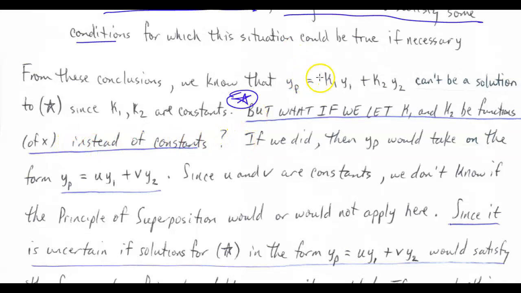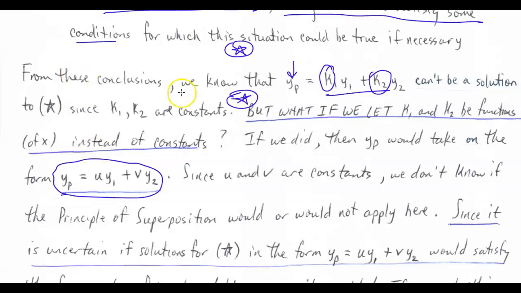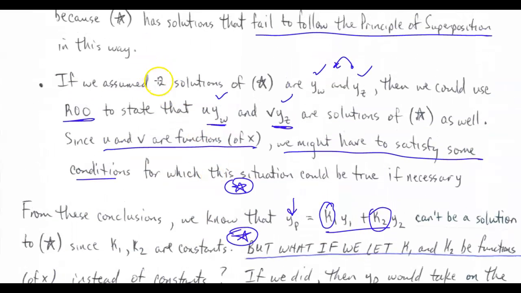If we did that, meaning that we let this be a function and let that be a function, and assume that our particular solution to our non-homogeneous ODE star could be written like this. So if we did, then y sub p would take on this form here. Okay. And so I'm just basically saying, instead of labeling it k1 of x and k2 of x, we're just going to call it u and v, like how we did over here. Okay.